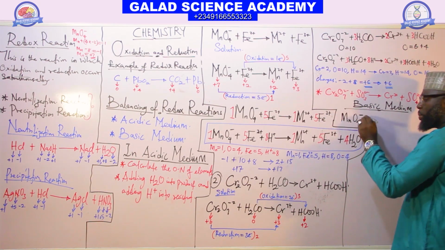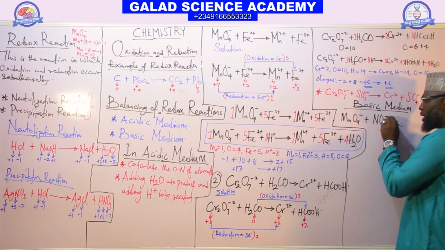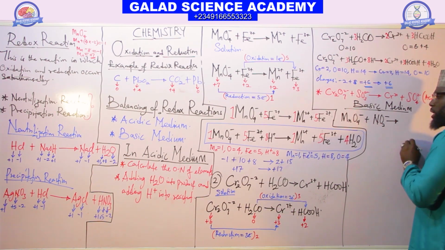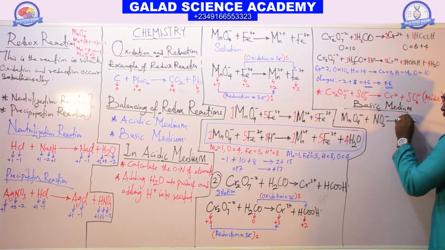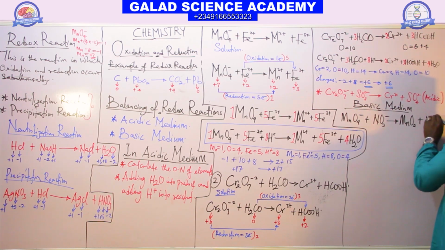Balance MnO4 minus plus NO2 minus in MnO2 plus NO3 minus.